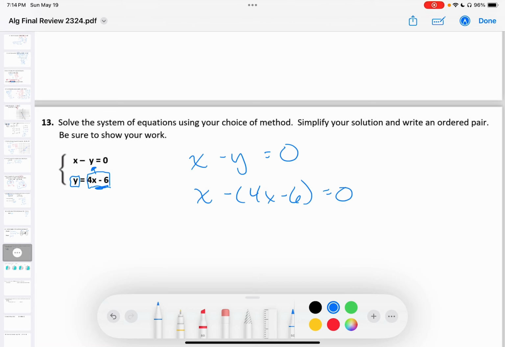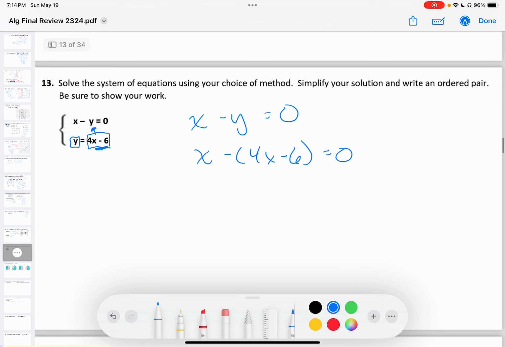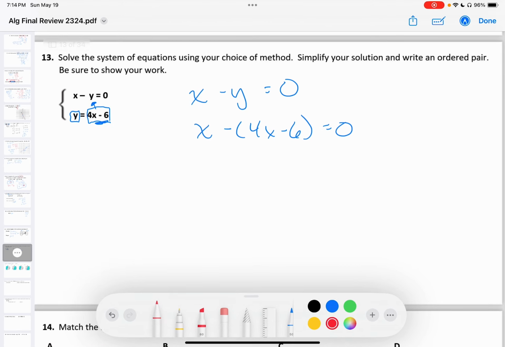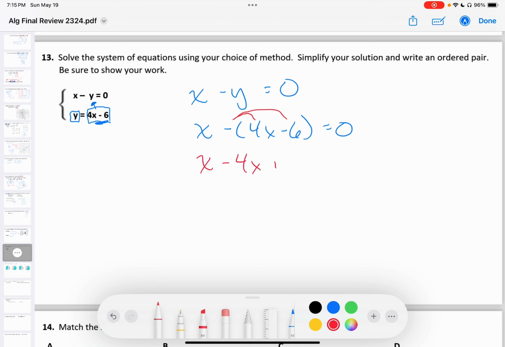Notice that I put that in parentheses because it was x minus y, so we're subtracting that entire thing. So we do need to distribute that negative sign through our parentheses, and we end up with x minus 4x, but then plus 6, because we've got that double negative scenario. So we get x minus 4x, which would be negative 3x plus 6 equals 0.